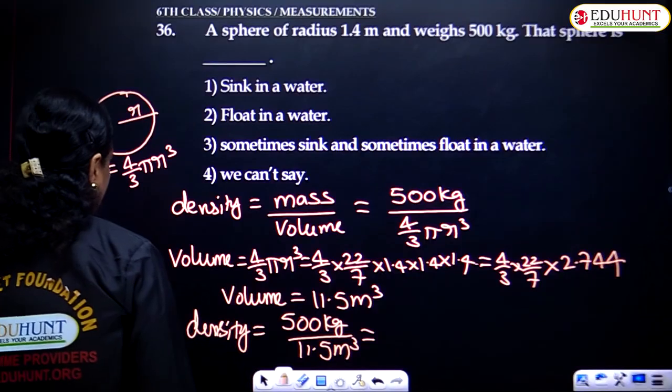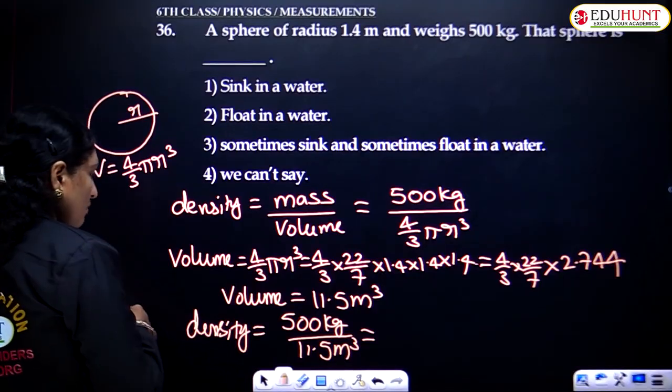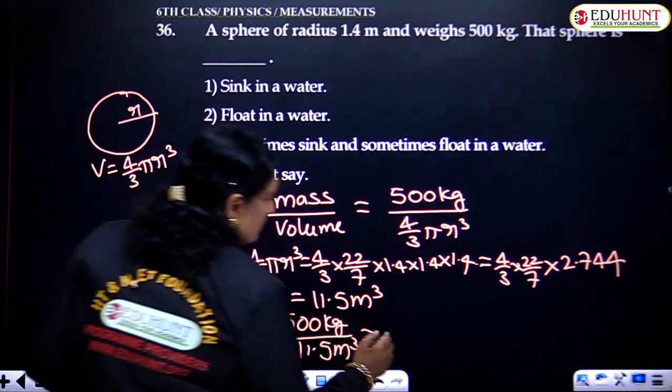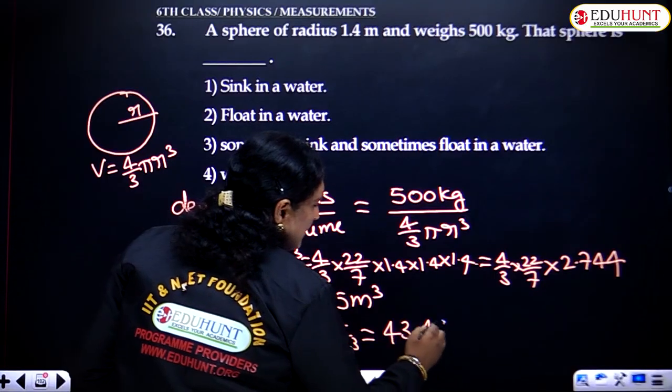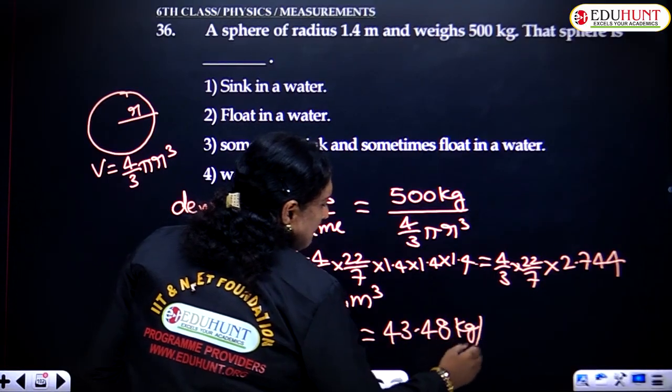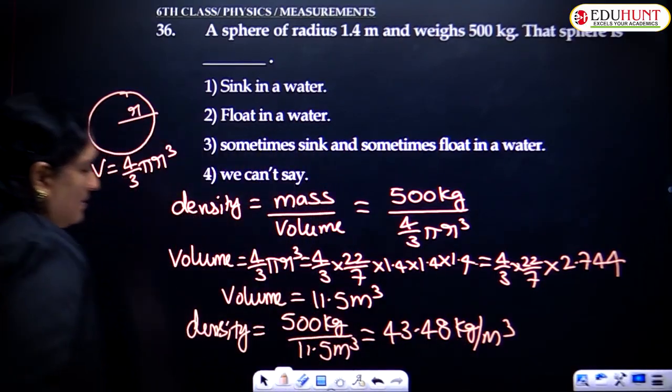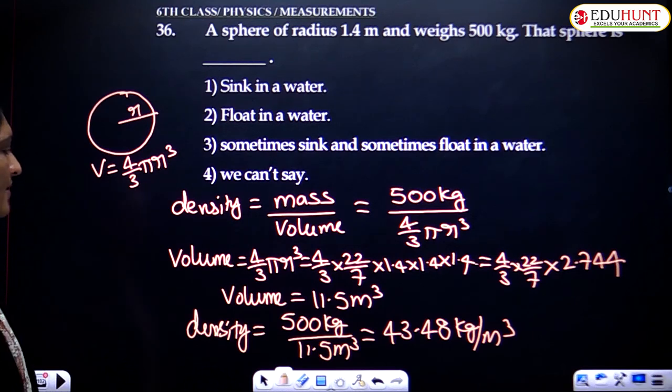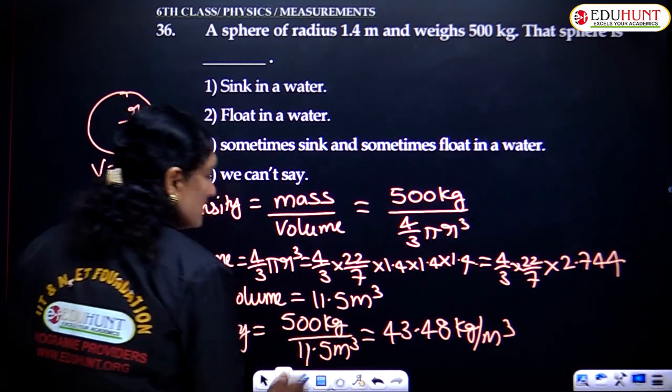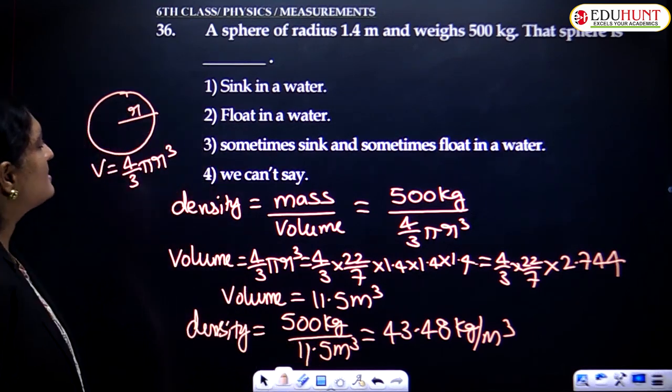After further simplification, it is found to be 43.48. What is this, children? 43.48 kg per meter cube. Try simplifying that.